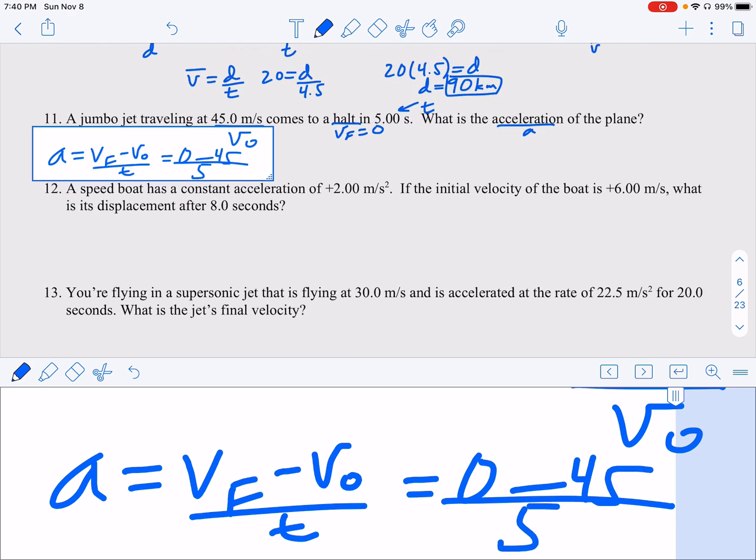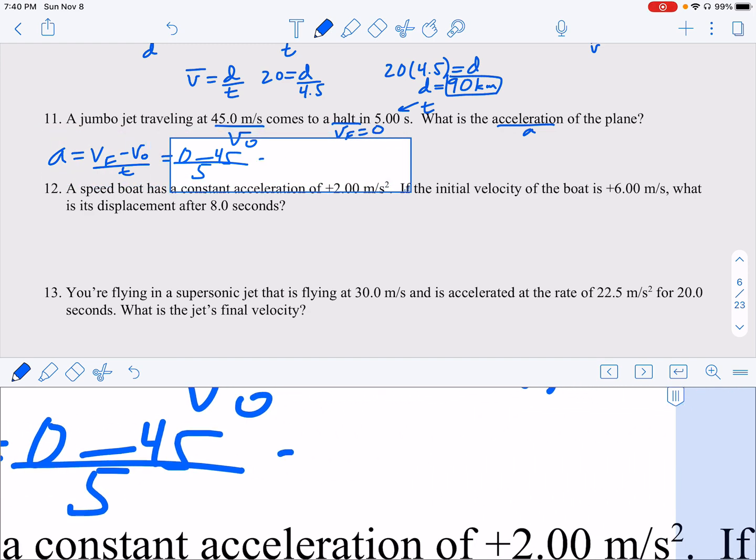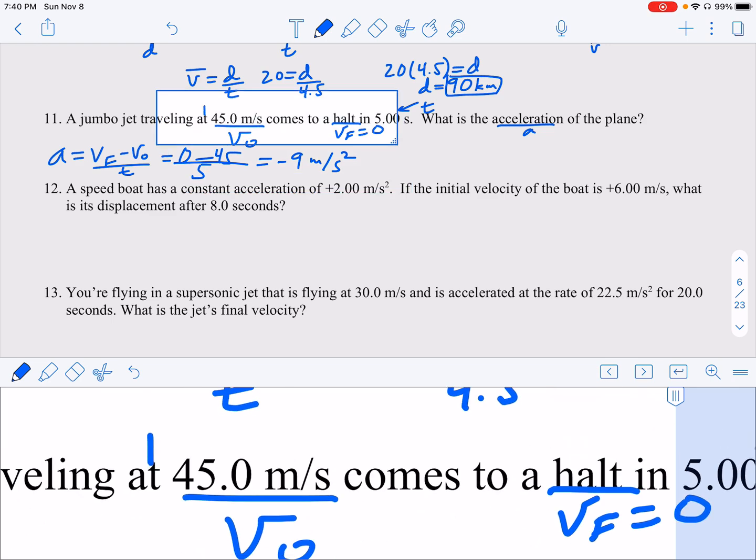So the acceleration would be 45 divided by 5, which is negative 9 meters per second squared. It's negative because it's slowing down, and I'm assuming it was going in the positive direction.